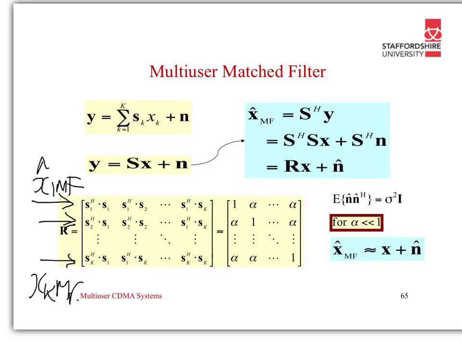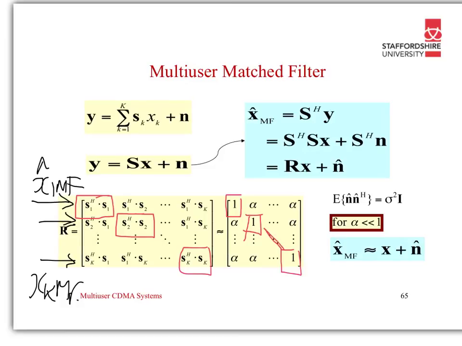Now this matrix: I've told you that S1H times S1 is 1, and S2H times S2, because we're multiplying by the same signature, is also 1. And SKH times SK will also be 1. So all on this diagonal we have 1s.